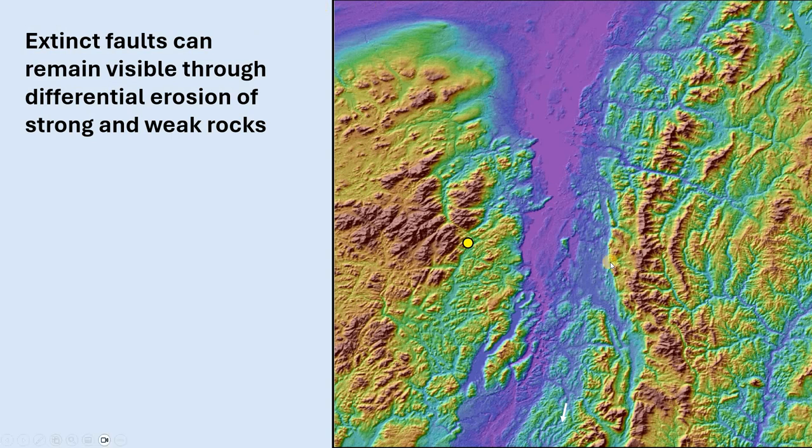So some great examples of that are here in the Champlain Valley. Here's the Adirondack basement, some ancient metamorphic rocks. Here's the Green Mountains, also ancient metamorphic rocks. This is Lake Champlain coming down the middle in purple. And we can see some pretty interesting things. Here's Lake George. So this is a graben. This very linear feature right here is a fault, an extensional fault.